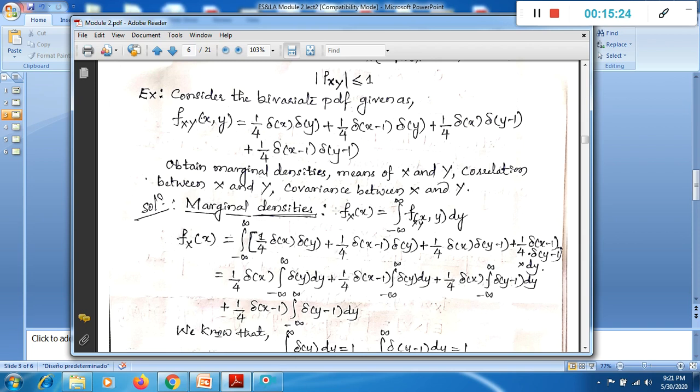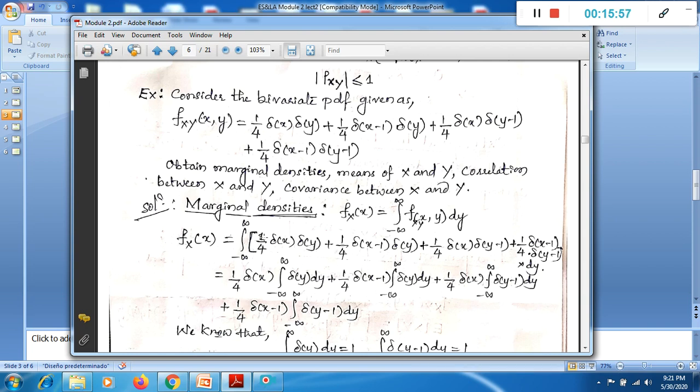The marginal density f_X(x) is given by integration from minus infinity to plus infinity f_XY(x,y) dy. So let's write this equation, and go for substituting this f_XY(x,y) value. Integration has to be done with dy.